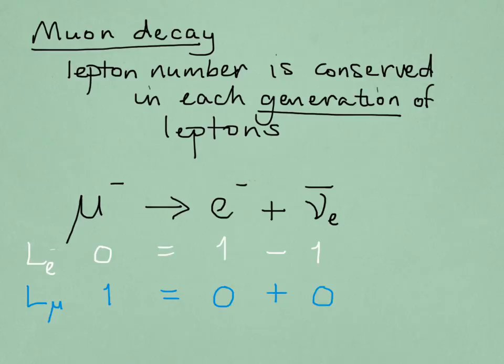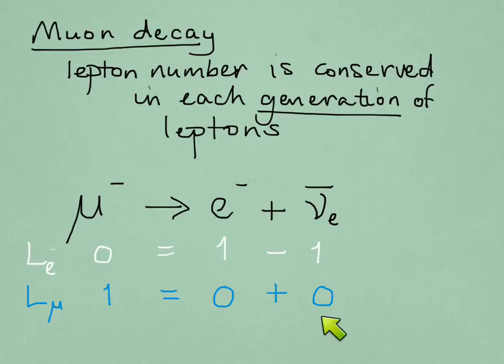However, when we tally the lepton numbers for the second generation, so the mu leptons, we've got a muon here, so that's a mu lepton number of +1. An electron is not in that generation, so that's got a lepton number of 0 in the mu generation.